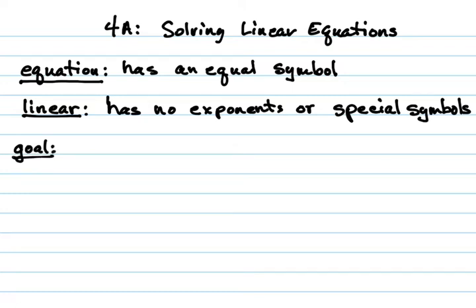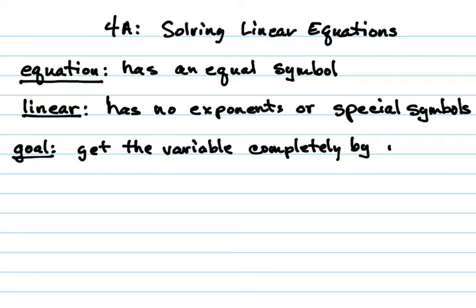The goal of solving any linear equation is to get the variable completely by itself. Completely by itself means that the variable, which remember simply means a letter, such as A, B, X, Y, whatever letter you're using in your particular equation, is not by itself unless there is nothing else with it.